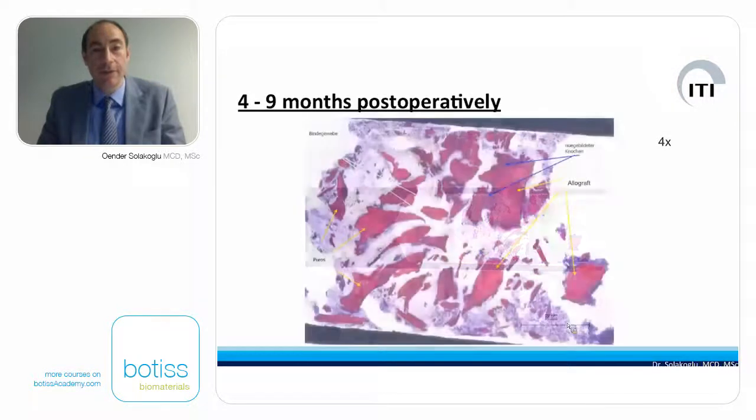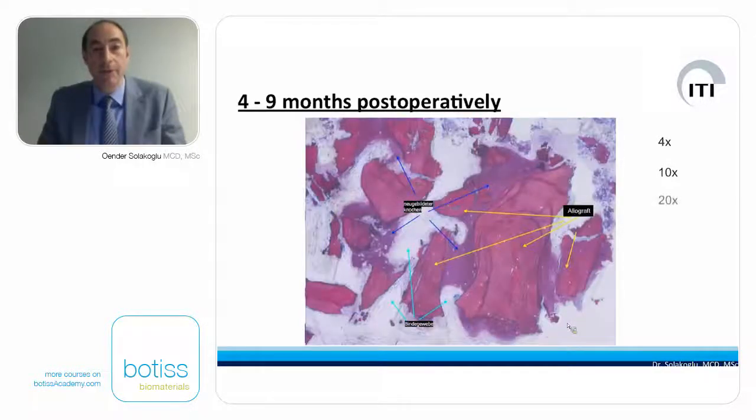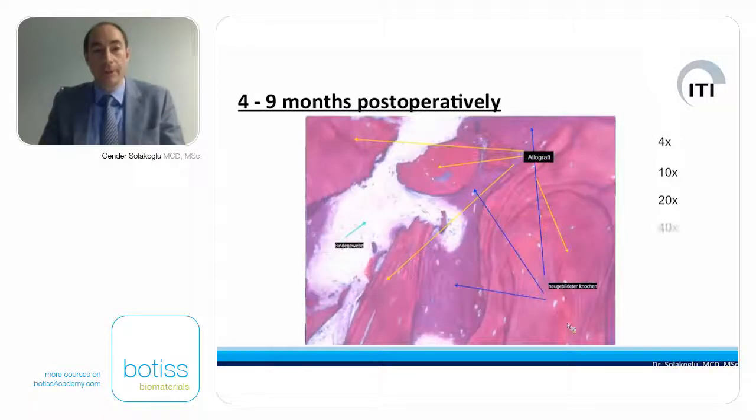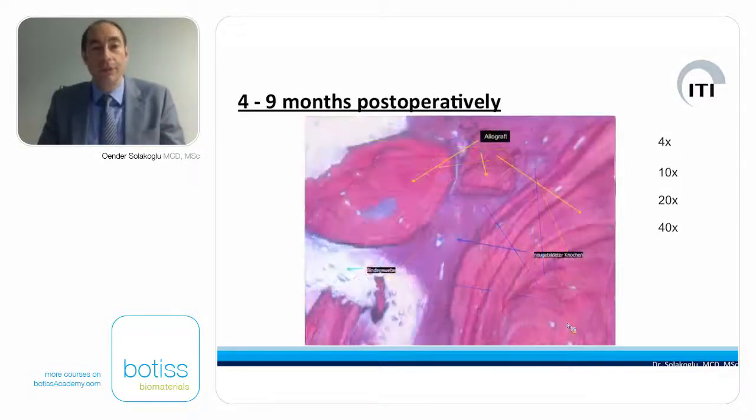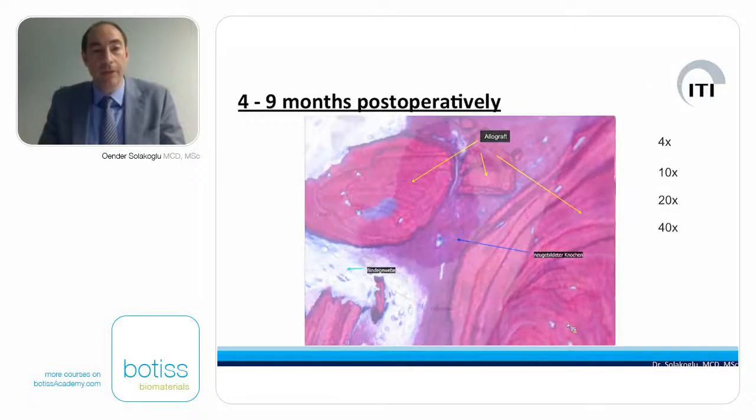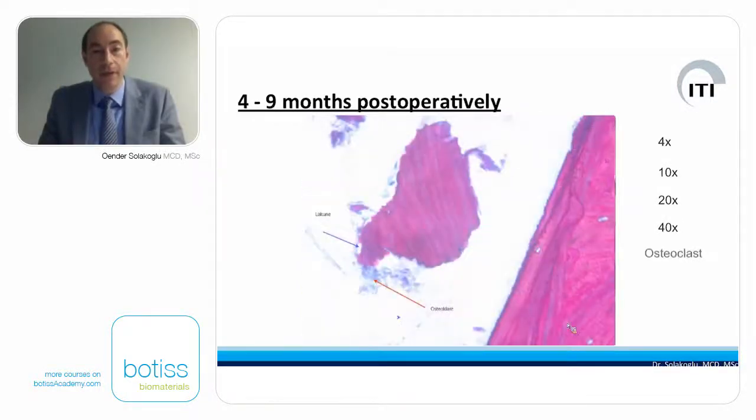So you can see this here at 10 times magnification. You can also appreciate the allograft materials. You can see newly formed bone in between. This is the 20 times magnification. And even higher magnification, you can see still particles of the allograft and new bone formation within the allograft, and of course connective tissue.